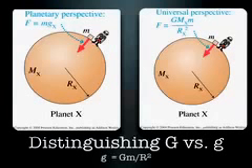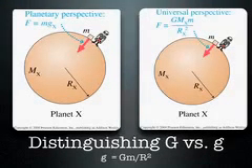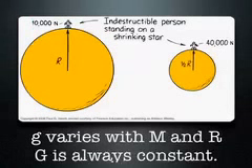Relating F equals mg to F equals GMm over r squared, we get lowercase g, acceleration, is equal to capital G, the gravitational constant, times mass divided by r squared. So what this tells us is g varies with the mass of the planet and the radius of the planet. The capital G is always constant.